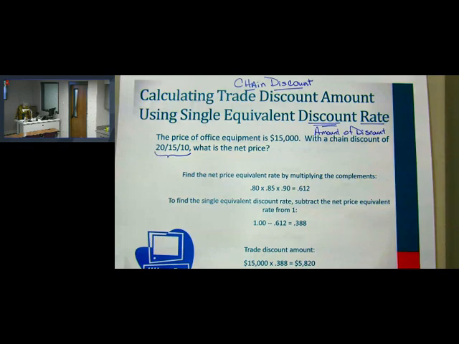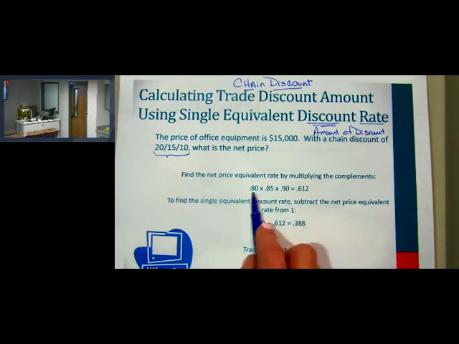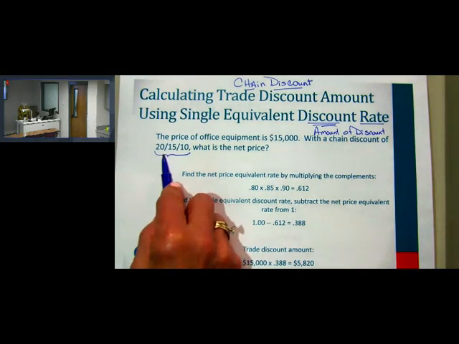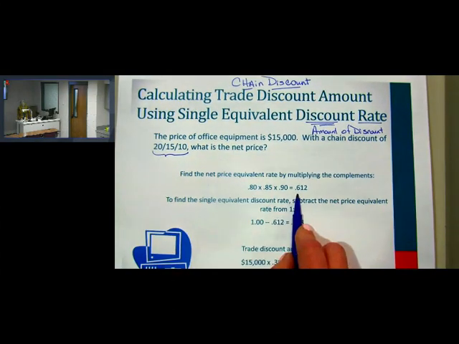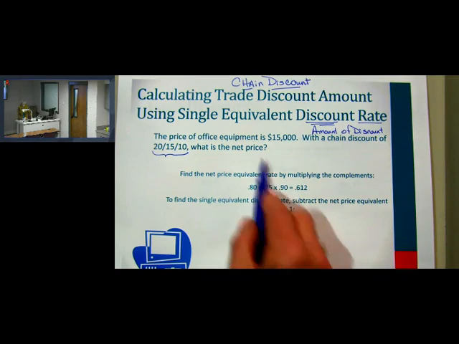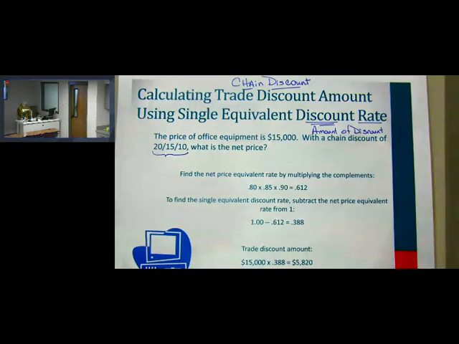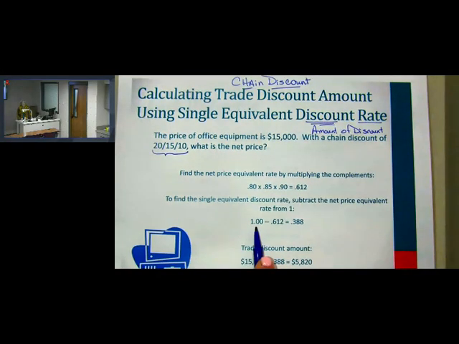So how do you figure that? We already figured the net price equivalent rate by multiplying the complements of our chain discount together, and we got 0.612. The single equivalent discount rate is just 1 minus the 0.612. We get 0.388.